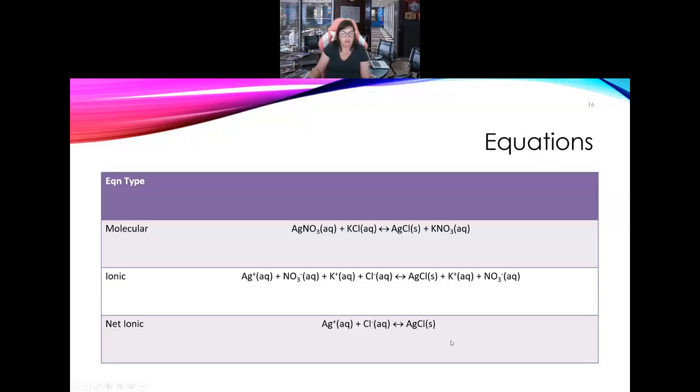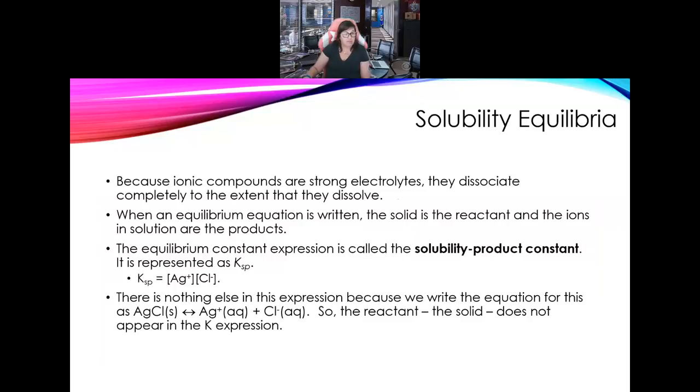The net ionic equation is the one that we're talking about when we talk about solubility products. And we want to do it in the reverse of this direction because we want to look at how soluble are those ions compared to the solid that we're talking about. All right. Because ionic compounds are strong electrolytes, they dissociate to the extent that they dissolve.